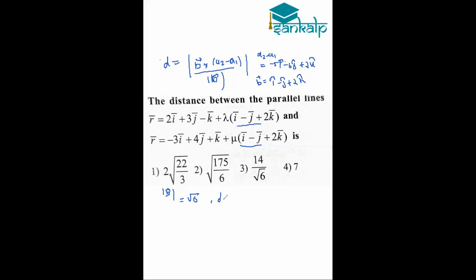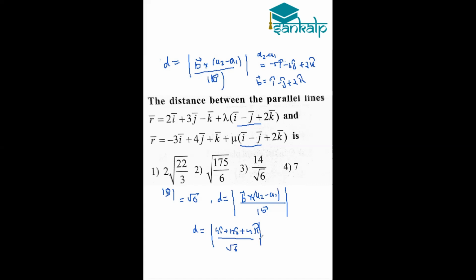So on substituting the values, d will be equal to b cross (a2 minus a1) divided by mod b. The numerator part I have calculated: the cross product of a2 minus a1 and b is equal to 4i, 12j and 4k, whole divided by root 6.